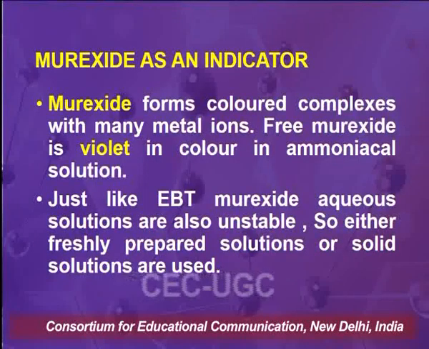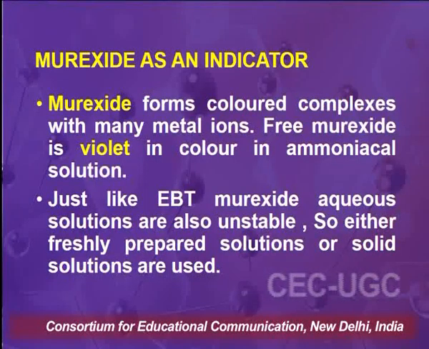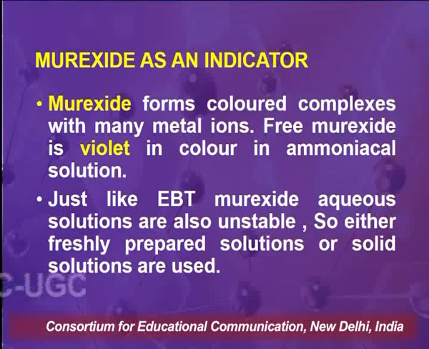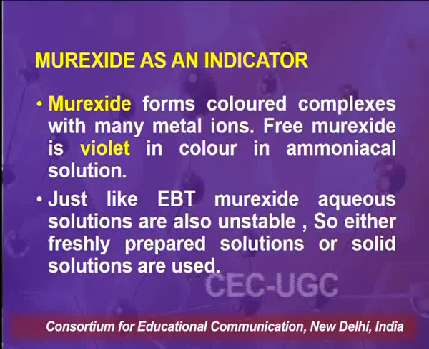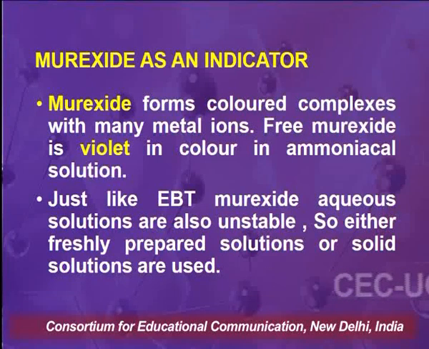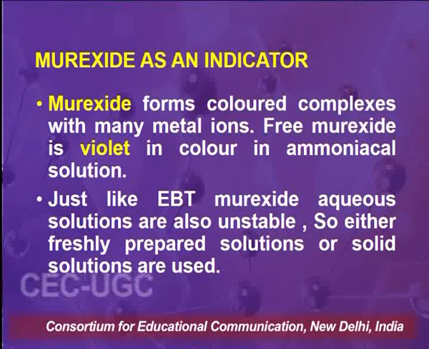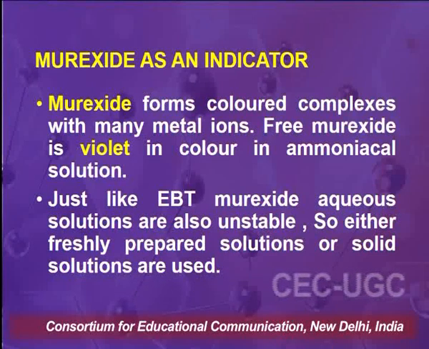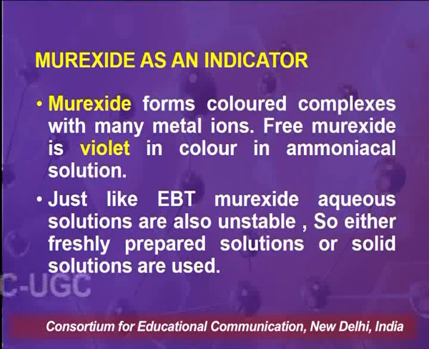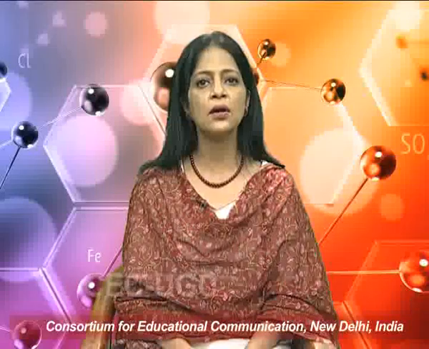Murexide forms colored complexes with many metal ions. Free murexide is violet in color in ammoniacal solution, that means in alkaline solution. Just like EBT, murexide aqueous solutions are also unstable. So, either freshly prepared solutions or solid dilutions, as they are called, are used.